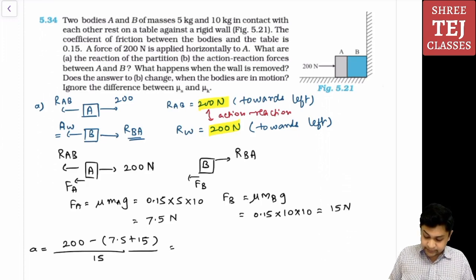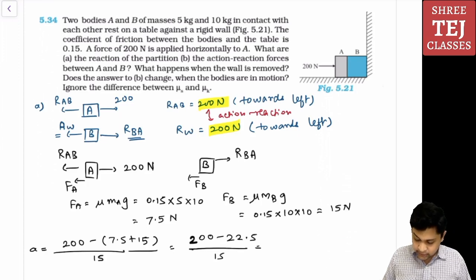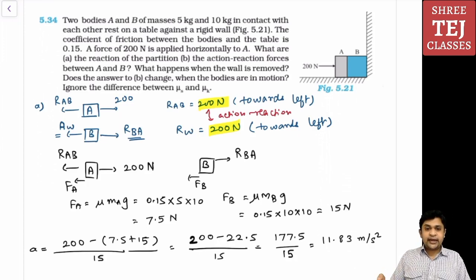So it will be 200 minus 22.5 upon 15, which is nothing but 177.5 upon 15, which comes out to be 11.83 meter per second square. So they will accelerate with an acceleration of 11.83 meter per second square.